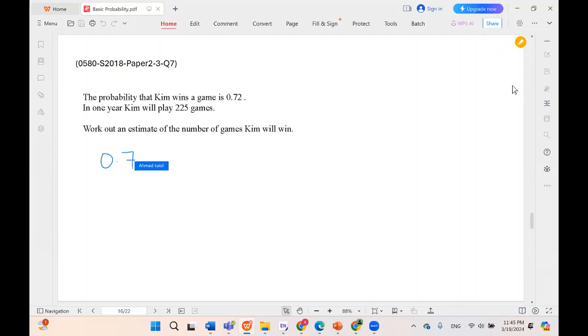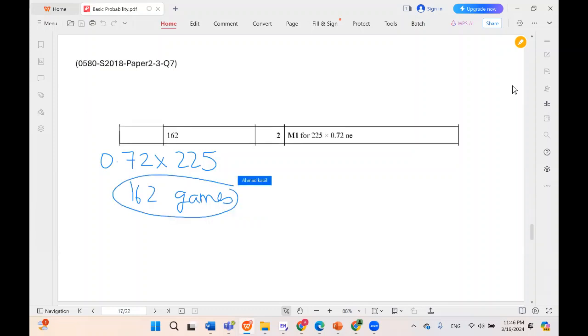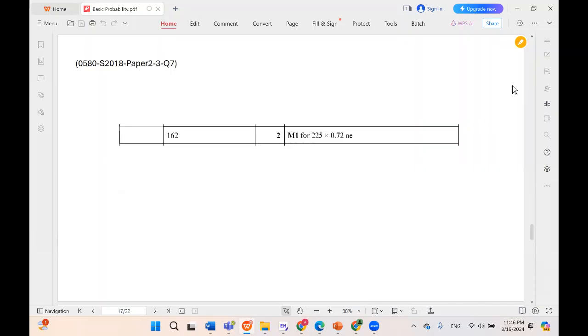So the answer is simply 0.72 times 225. You can use your calculator to evaluate. So 0.72 times 225 gives us 162 games in total. This is the final answer here.